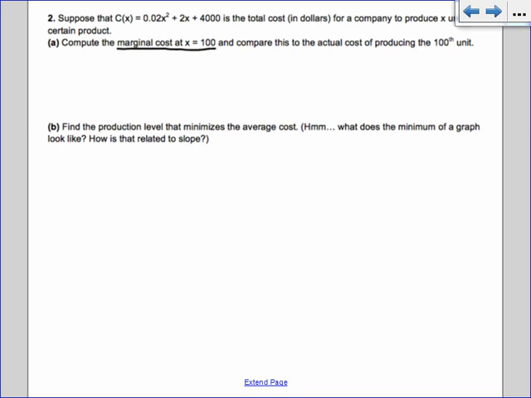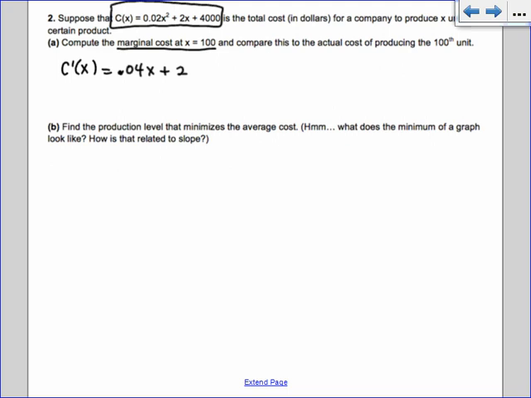So marginal cost at x equals 100. Marginal means derivative. So we're trying to find the derivative of the cost function. So if I take the derivative of the cost function, I end up getting 0.04x plus 2. So when I talk about the marginal cost, I'm saying, what is the cost per item when you have produced 100 items?